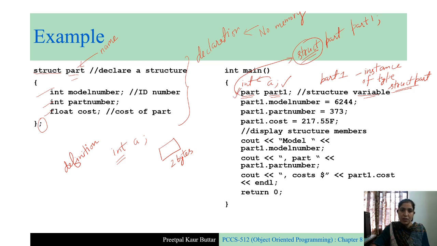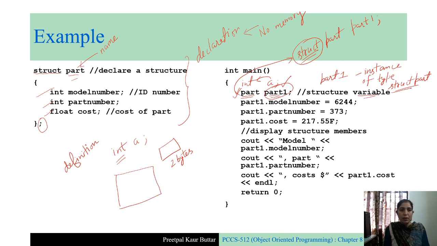This is sufficient: just write part, the name of the structure declaration, and then write the name of the variable which you are going to create. So what happens with this statement? With this statement, memory will be allocated. So how much memory will be allocated?